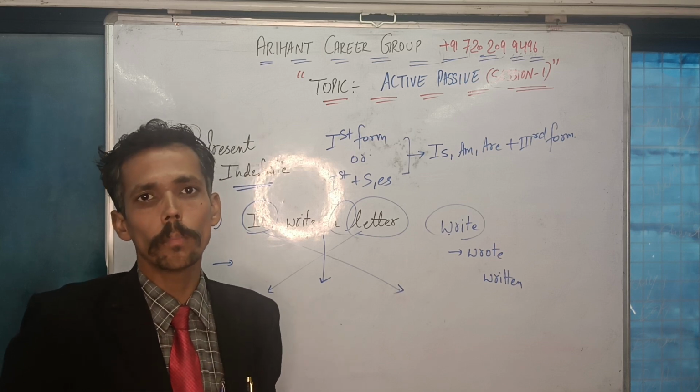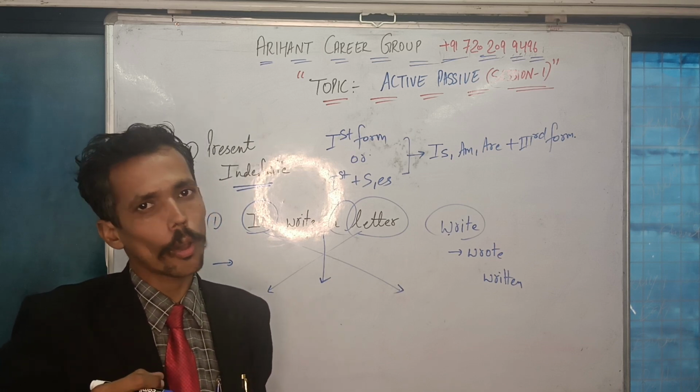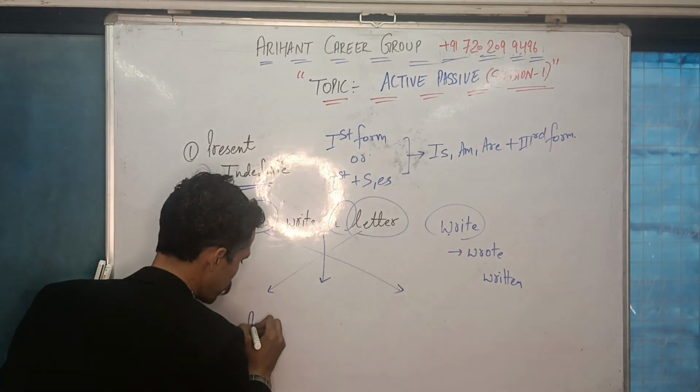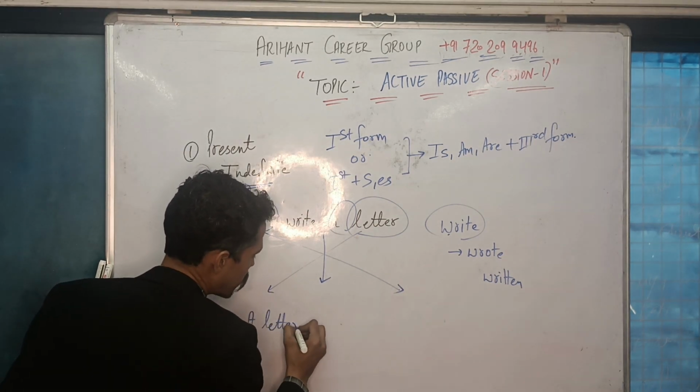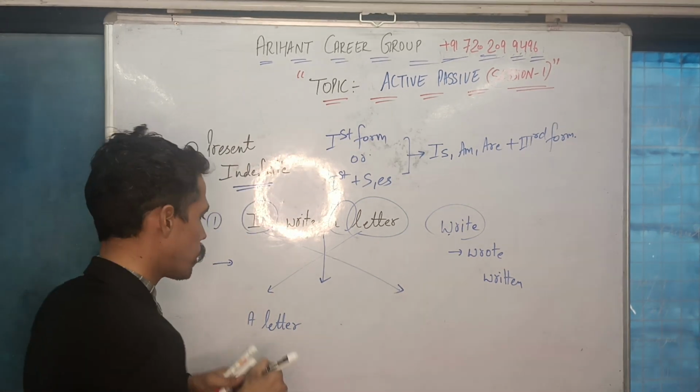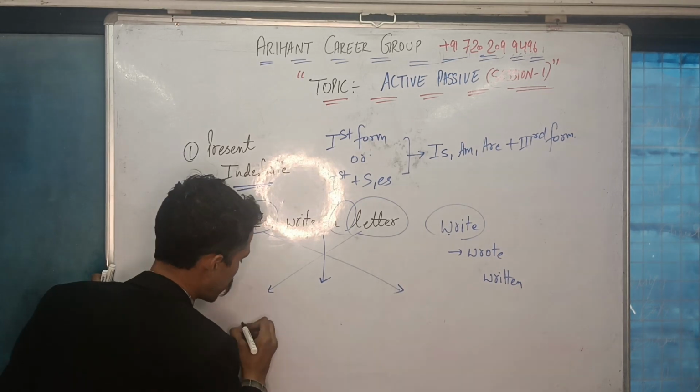In case of a first form, please use either is, am, or are depending on the subject. But my subject here is now a letter. What is my subject? A letter. If my subject is a letter, that means it is singular. Am I right?